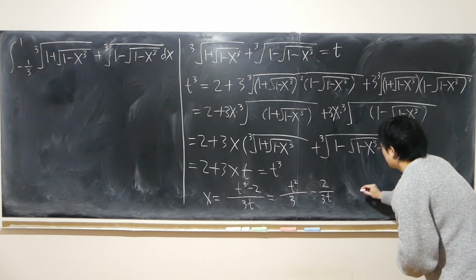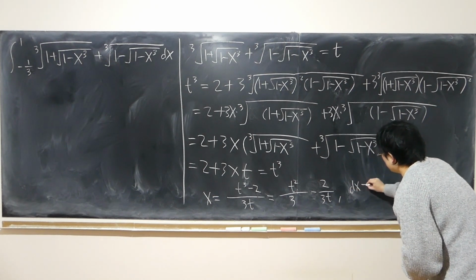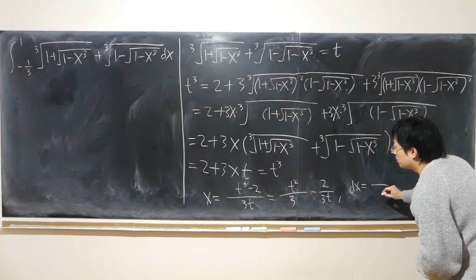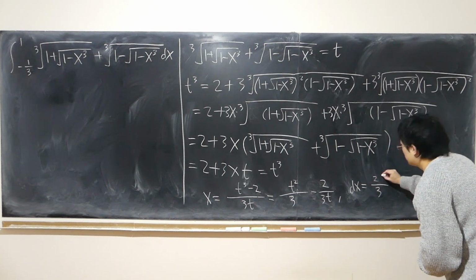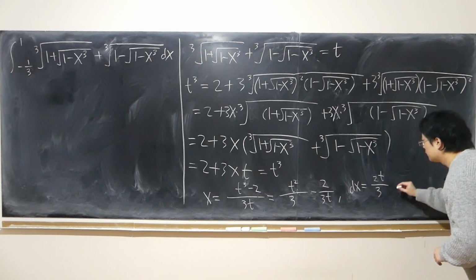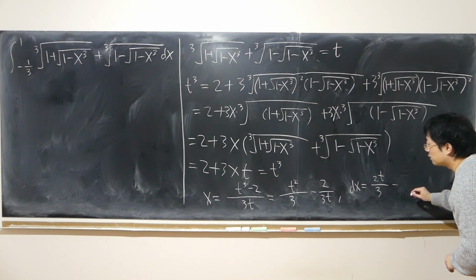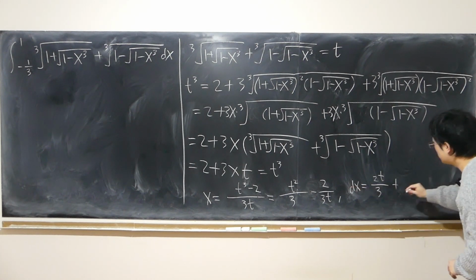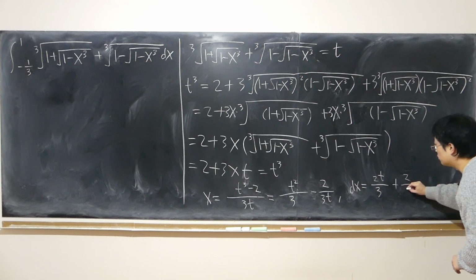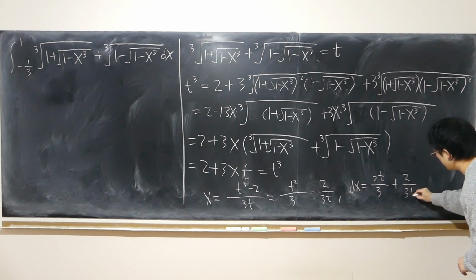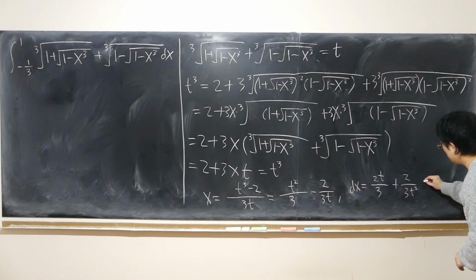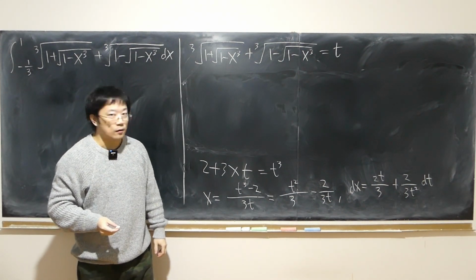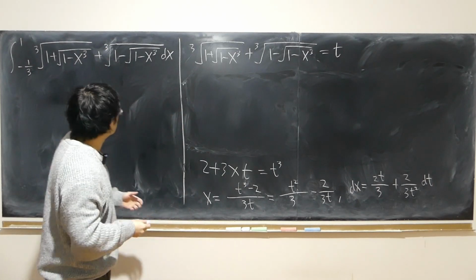So immediately dx is, differentiating in t, 2 over 3 t to the negative 2, together with dt. Now, since we've achieved dx, the only job left is to change the boundaries.